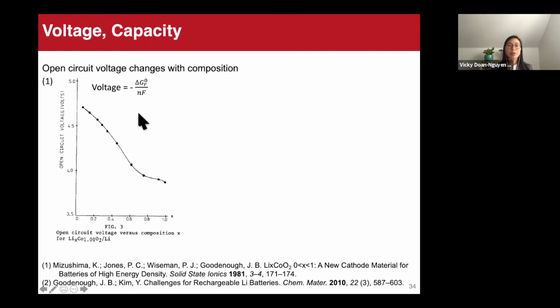If the composition is different for your material, so it's not exactly lithium cobalt oxide, LiCoO2, but you have, let's say, different compositions of lithium, LixCoO2, you could see that the open circuit potential, so the chemical potential difference between cathode and anode, will give you different values in the voltage, right? Because it's a difference that gives free energy, and here it's divided by the number of electrons times Faraday's constant.